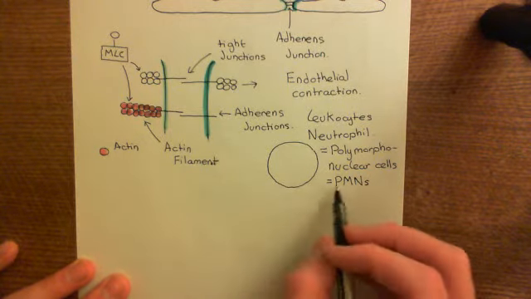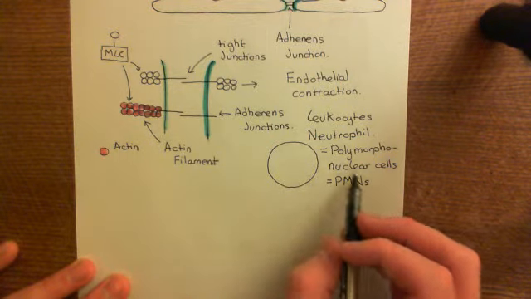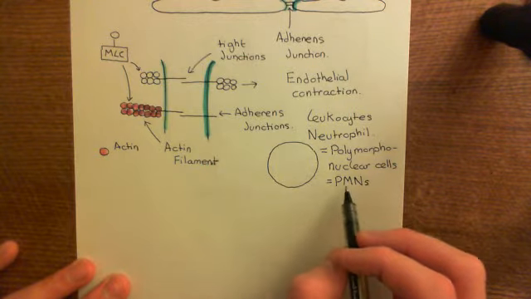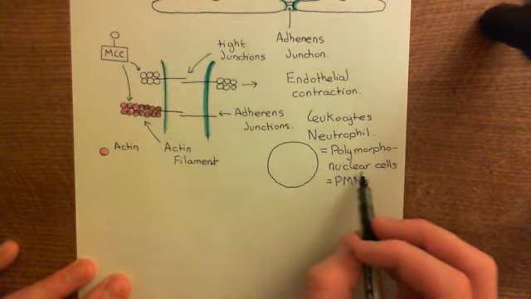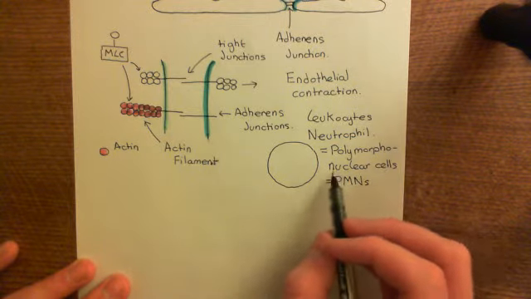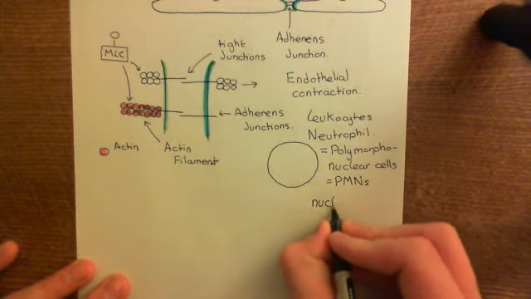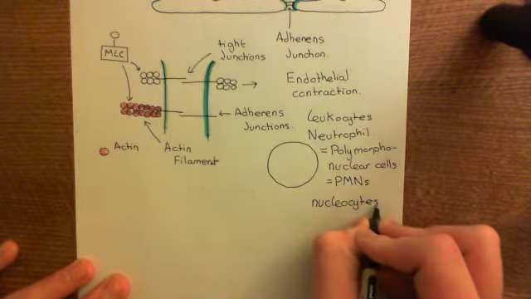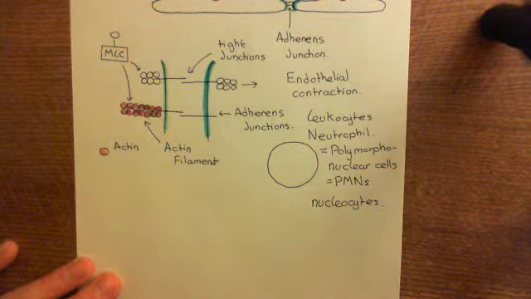And the reason you can abbreviate them to PMNs without the cells on the end is because you can also call them polymorphonucleocytes, and that's how you can turn this into one word. You can combine nuclear cells into the word nucleocytes, and that's where PMNs comes from. Now, why are they called polymorphonucleocytes?